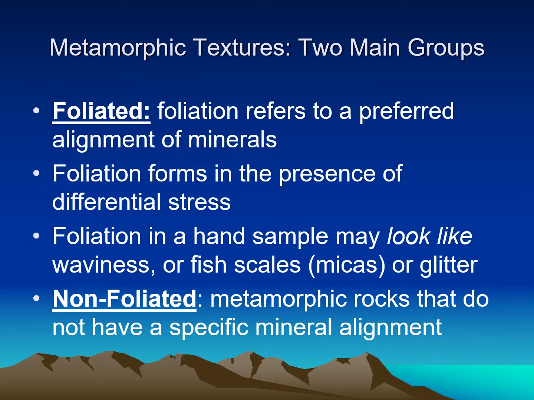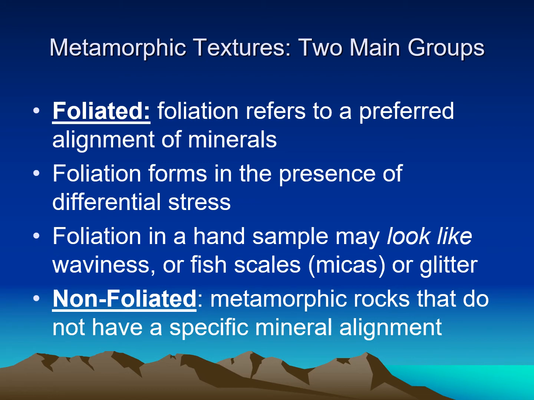Okay, you're going to need to know what foliation is. We'll discuss that. Metamorphic rocks will either be foliated or non-foliated. So let's talk about foliation. What does it mean? You're going to need to know which of the agents of metamorphism produces foliation.